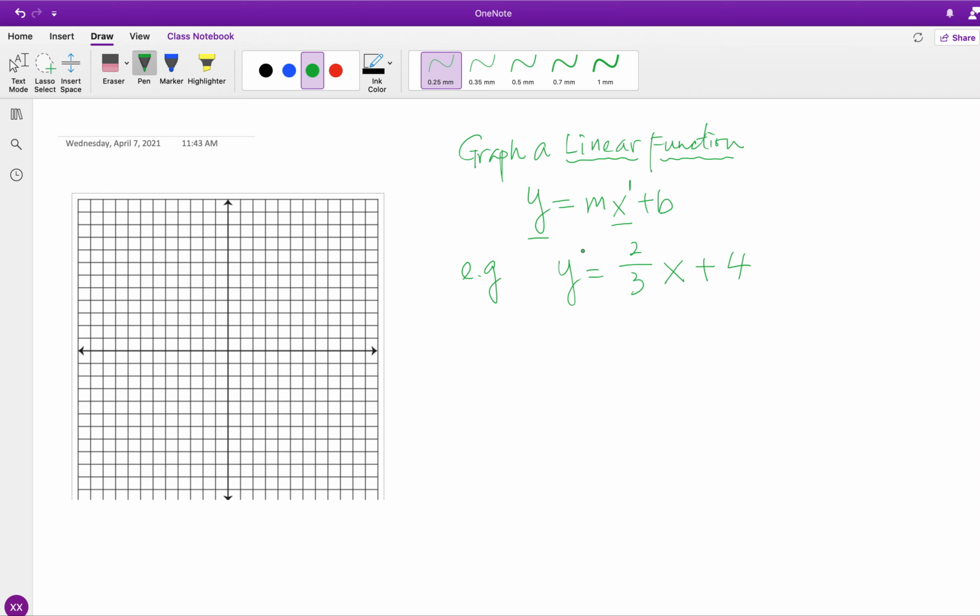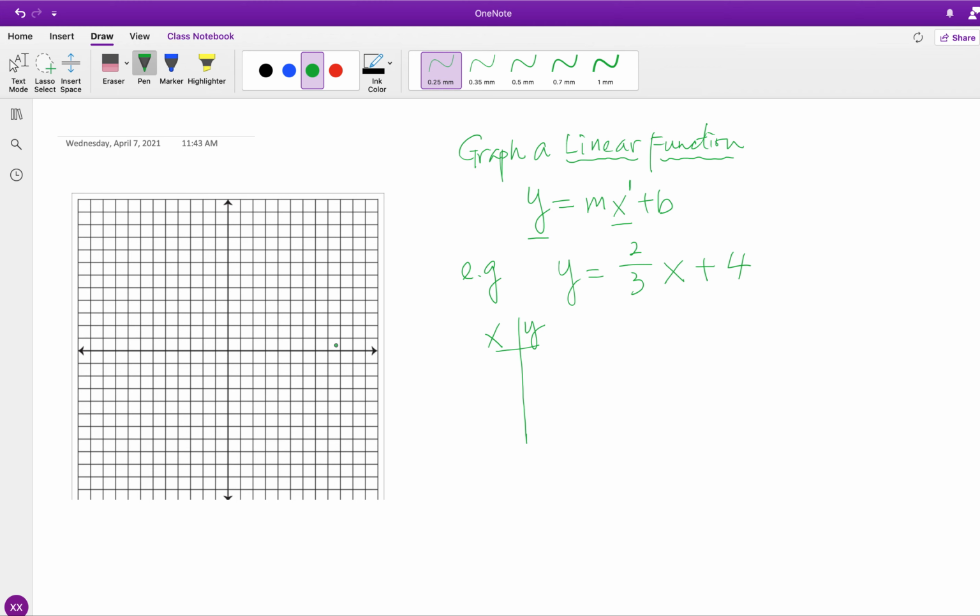So we also say when we put this equation onto a graph, it is a linear function, a straight line. And how do we graph the straight line? We can come up with a table of values because the x value and y value have to be functioning by this equation.